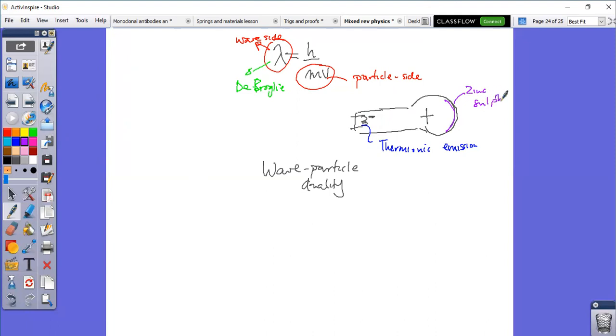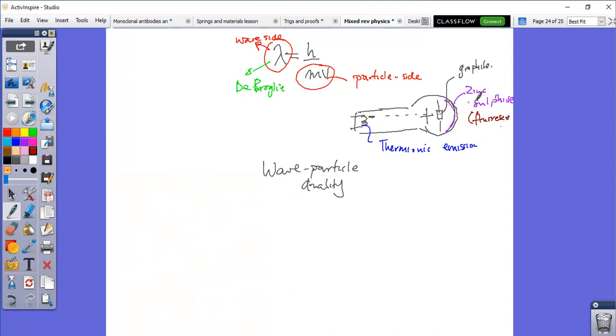Now this is a fluorescent material. So when the electrons, and by the way, they are passed through a thin piece of graphite, I should have mentioned that. When they pass through the thin piece of graphite and they hit the zinc sulfide, it fluoresces, or it scintillates.